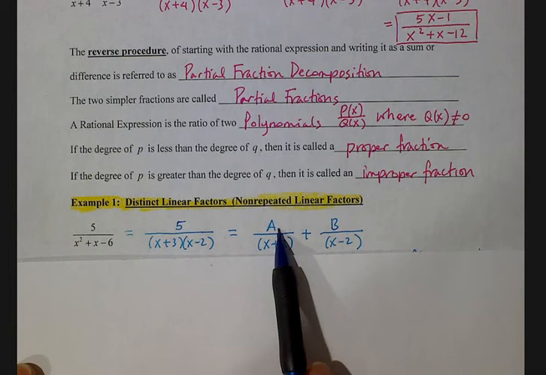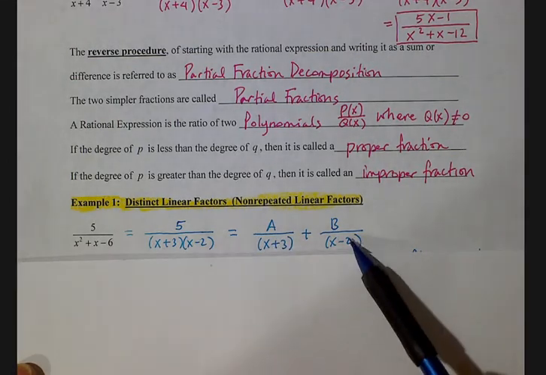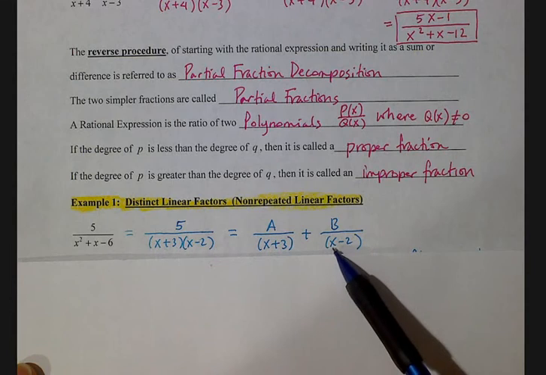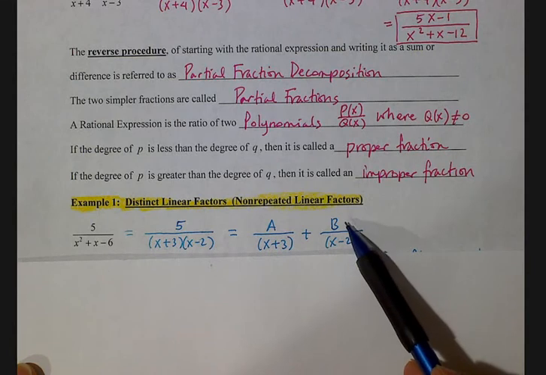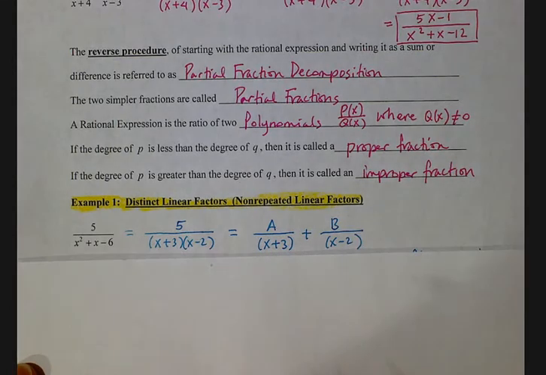So I'm going to call that numerator's constant a. Then you have the denominator here is x minus 2, which is also linear. That means that the numerator has to be a constant, so I'm going to call that b. Okay, so your task is now to figure out what a and b are.